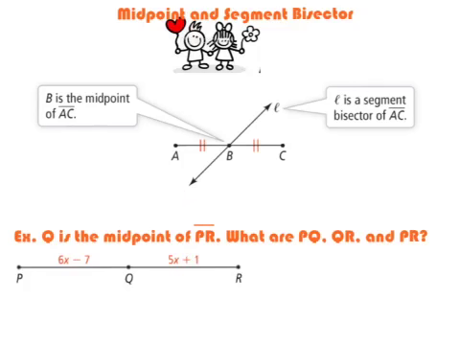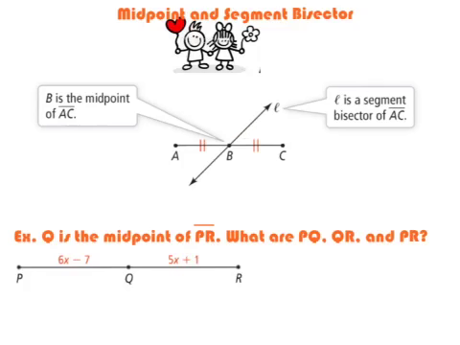If we have a line or a ray or any other segment that intersects the segment at its midpoint, this is called a bisector. In this case, it's a segment bisector because it's bisecting a segment. And we indicate that it has bisected our segment by using these tick marks to show congruency. Now we know that segment AB is congruent to segment BC.